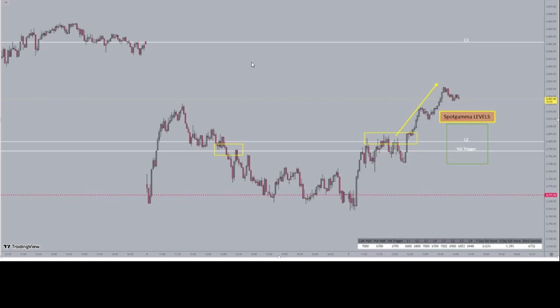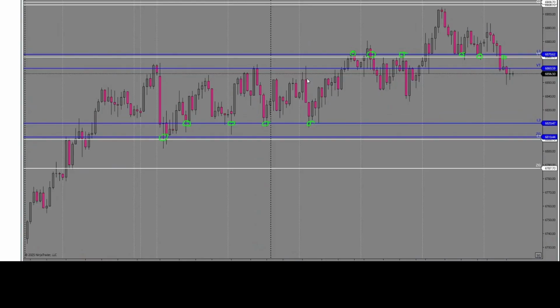Here, another example. See how the price retests 1, 2, 3, 4, 5 times the L2 for the SPY gamma level.